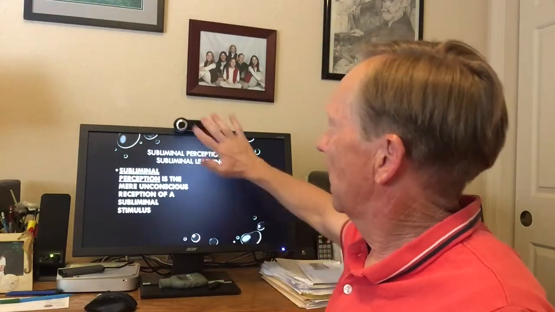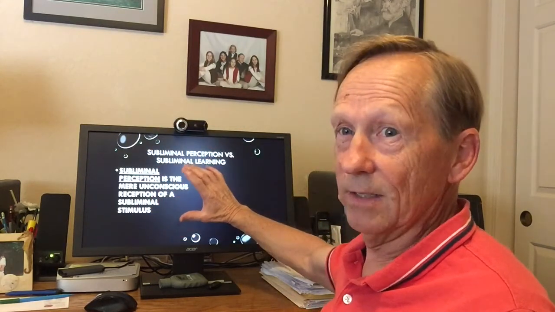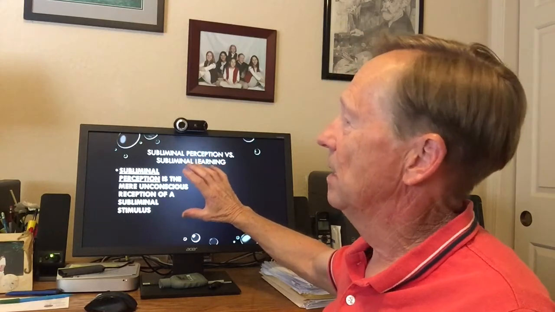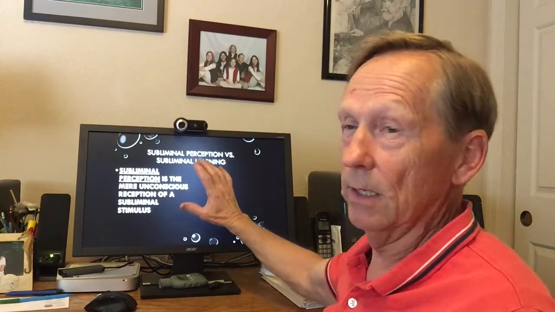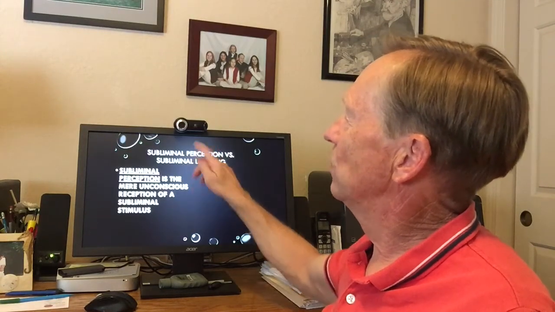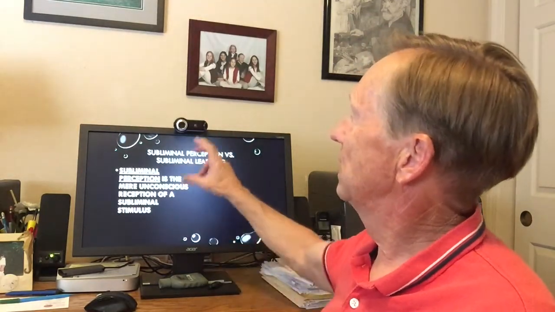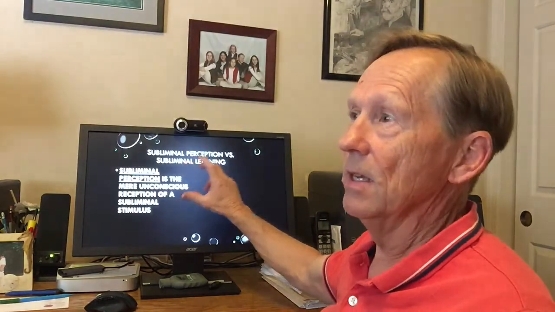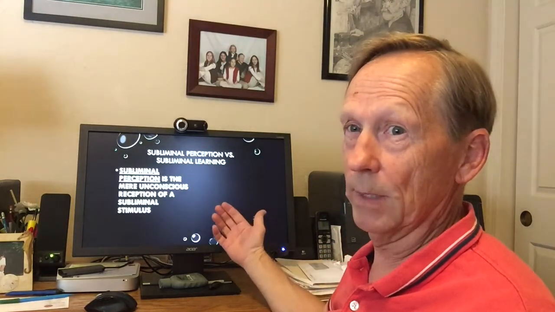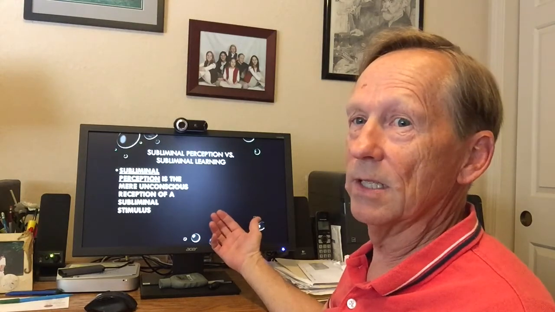They've also shown that when you look at a blank screen and you're subliminally shown a smiling face, you don't know that you've seen the smiling face, but it's been shown there very quickly. And then you're asked to rate a comic or rate a picture in terms of how much you like it. The research says that after seeing the smiling face subliminally, you're more likely to rate the comic strip more favorably than if you didn't see the smiley face.